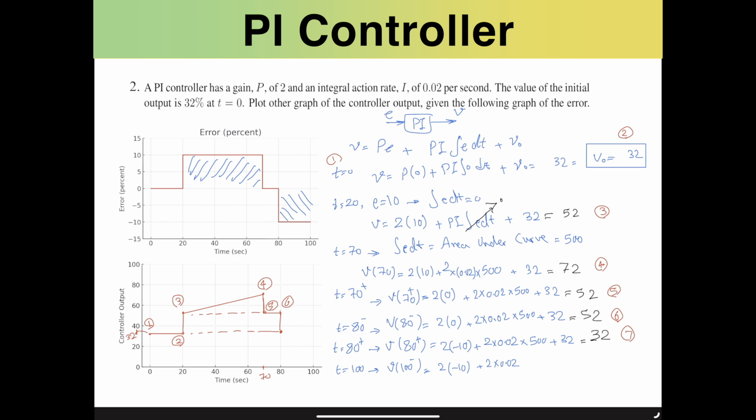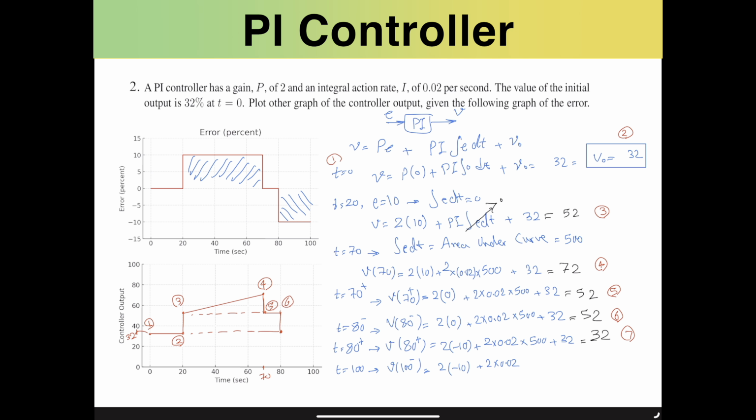2 times the integration. Now, the integration of E over dt is going to be the area under the curve all the way from the first part and the second part. So all the way from 0 to 100 seconds. So that's why we need to consider both this area plus this area. But then obviously the first area is going to be positive, the next area is going to be negative, especially because the error is going to be negative in the next case.